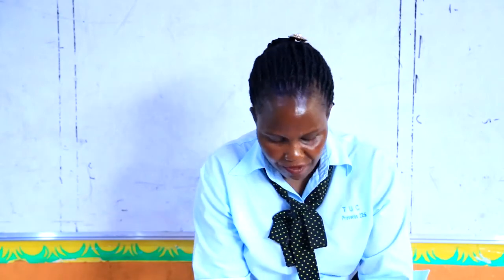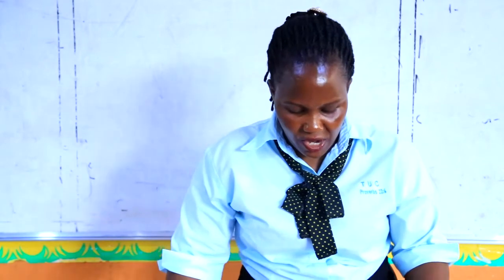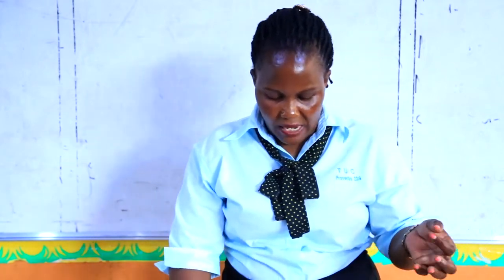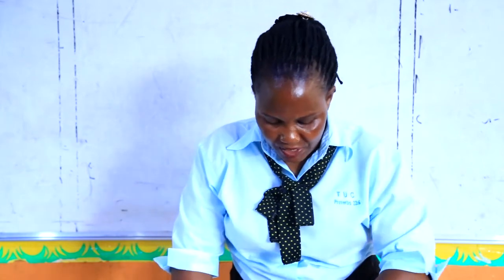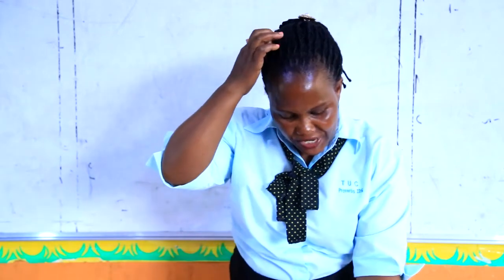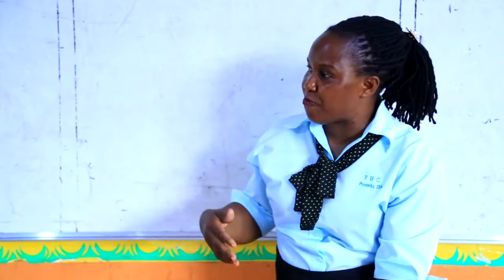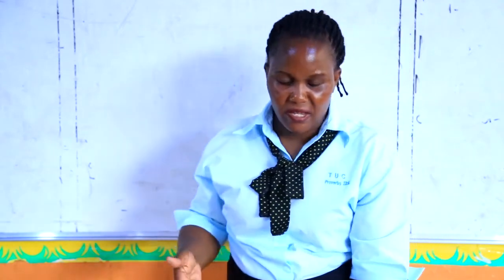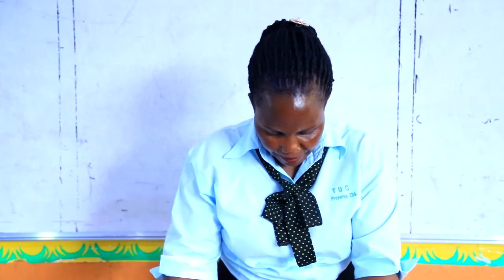I've told you, when you find that the word is starting with a capital letter, just know it's a name of a person, a name of a place, or a name of something. Where you find a small letter is just a common noun. We don't use a capital letter on a common noun, but on a proper noun, those are the special names of people, places, or something. You have to use capital letters as the starting letter.